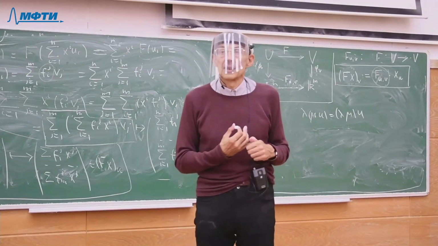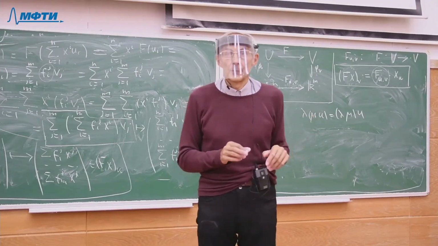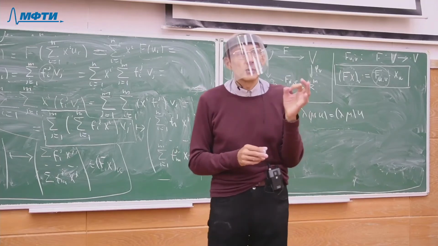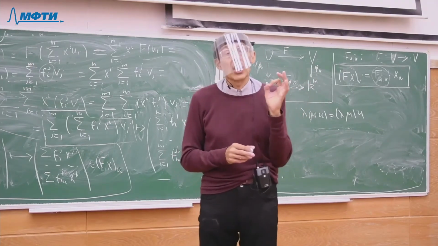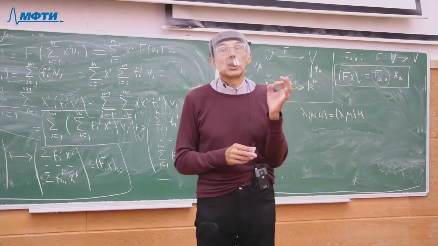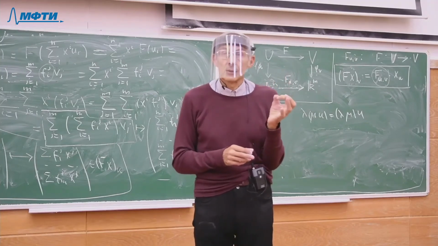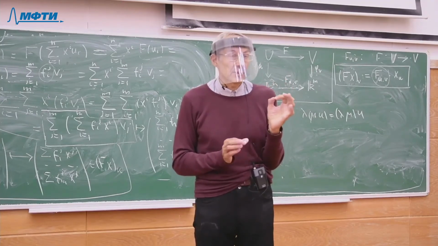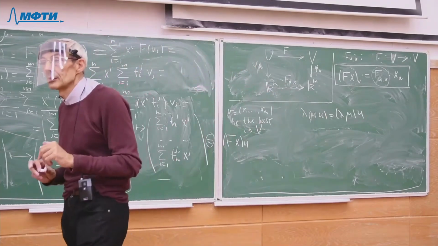Any question? Do you understand this most important fact? The main idea: we reduce the arbitrary linear transformation to the partial case, multiplication by a matrix. And this matrix is called the matrix of the linear transformation. That's all. Maybe a question?